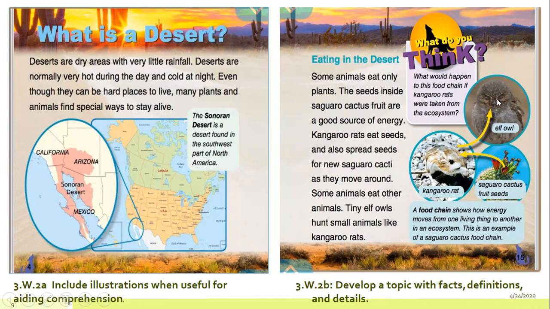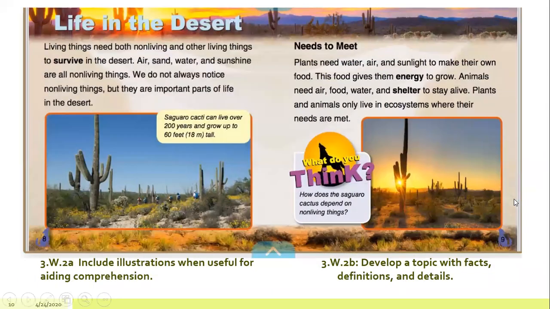Over here, you have the food chain, and they did it with illustrations showing where the arrows would go in the food chain. They also labeled this area, which helps the reader with the information. Again, include illustrations when useful for aiding comprehension.